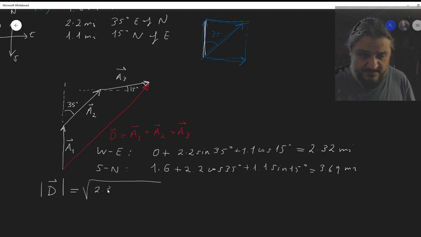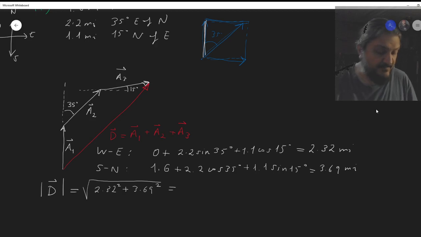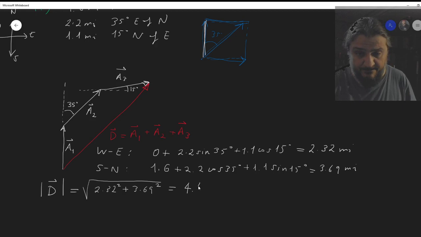So 2.32 squared plus 3.69 squared, and take the square root of that. 4.35. I'm going to round it to 4.4 miles.